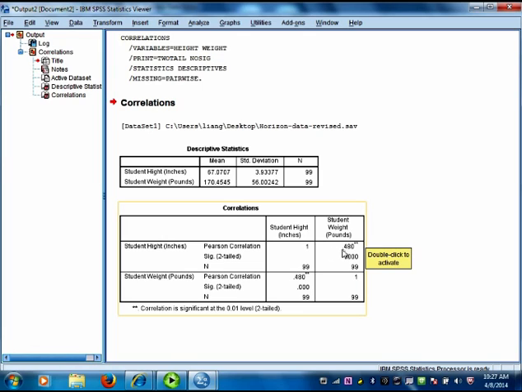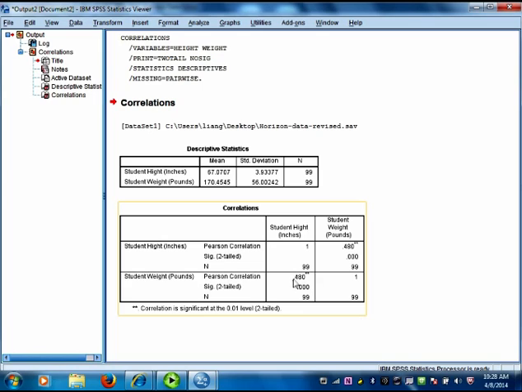If you square this, that means the overlapping between height and weight, or how much of weight can be used to explain height. That's sometimes called R square. If we square 0.48, it would be something like 0.23. And that means 23% of someone's weight can be used to explain height, or can be used to predict height.